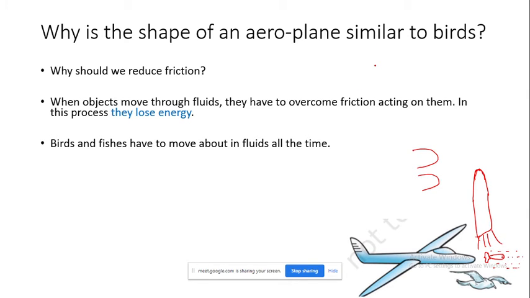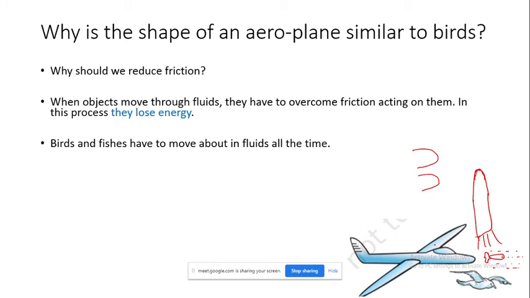They are not knowing about this fluid friction, and even fishes don't know about fluid friction, but they are moving quite simply, right? They are moving efficiently in there. So then our scientists thought about how they are doing that, and they came to the conclusion that this kind of shape reduces friction. So that's why our aeroplanes, our rockets or things like that are having a special shape.